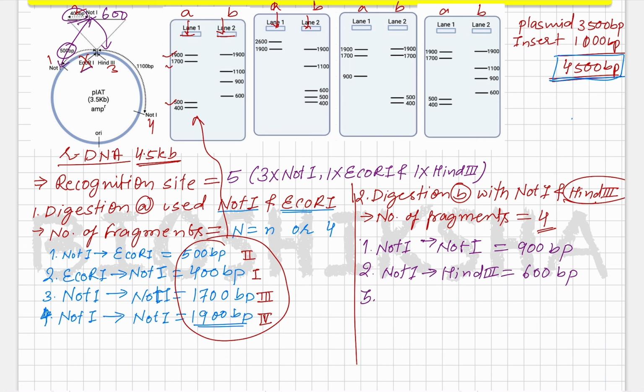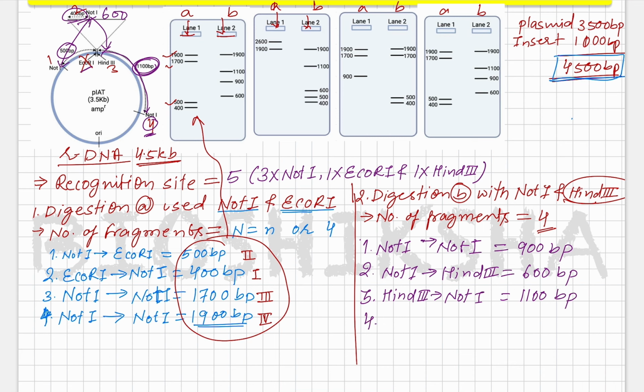The third fragment will be of course from the Hind3 recognition site to this Not1 recognition site. So just write it, Hind3 to Not1, the fourth one whatever we have labeled, and this distance is already given, 1100 base pair.